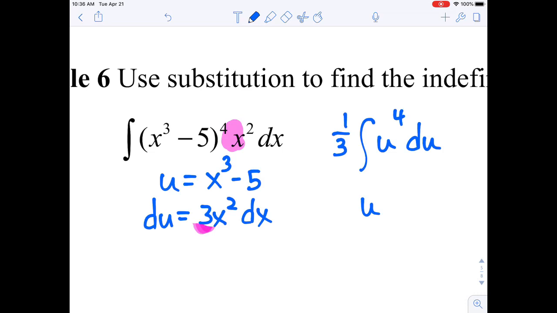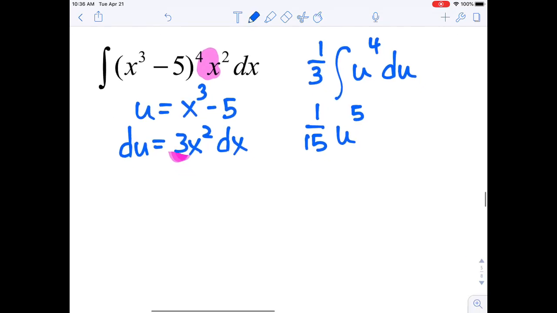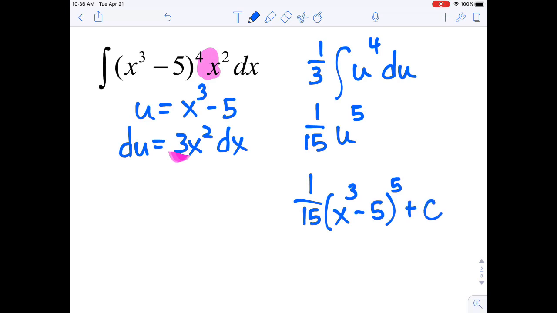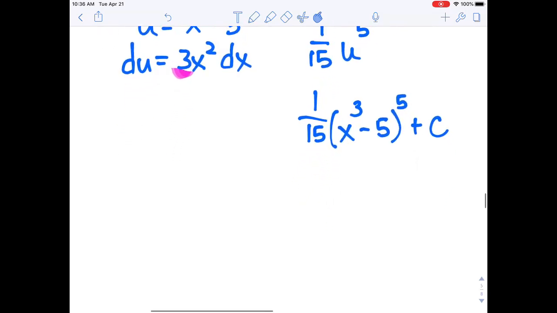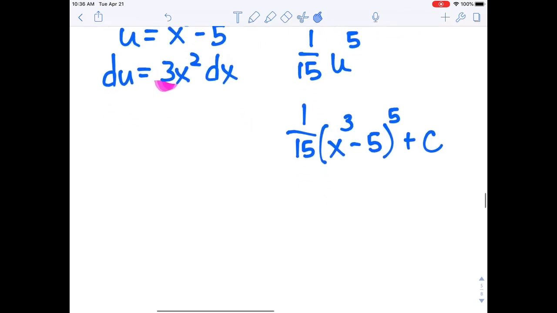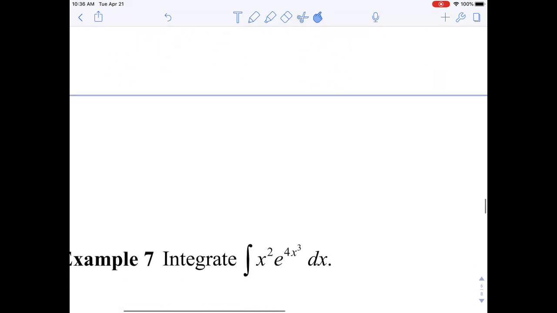Then I add 1 and divide by that, which now becomes 15. So this is 1/15 (x to the third minus 5) to the fifth plus c. So you need to double check when you take your differential to make sure what's inside the integral is the same.